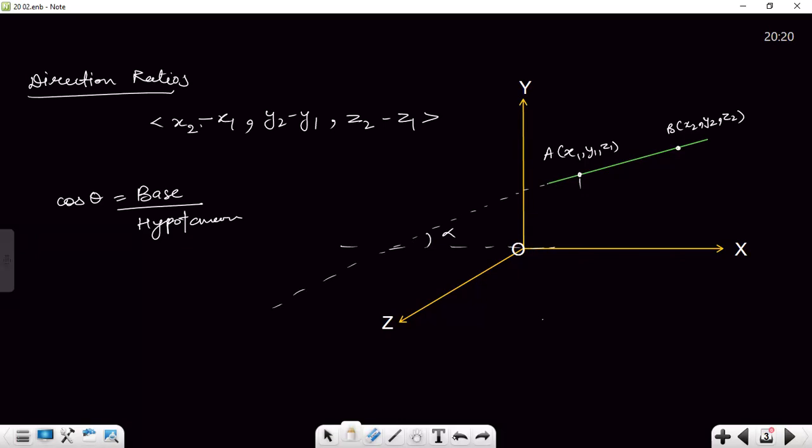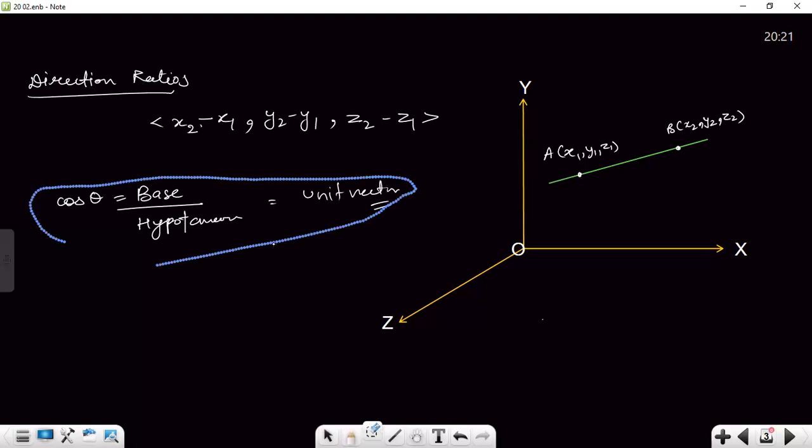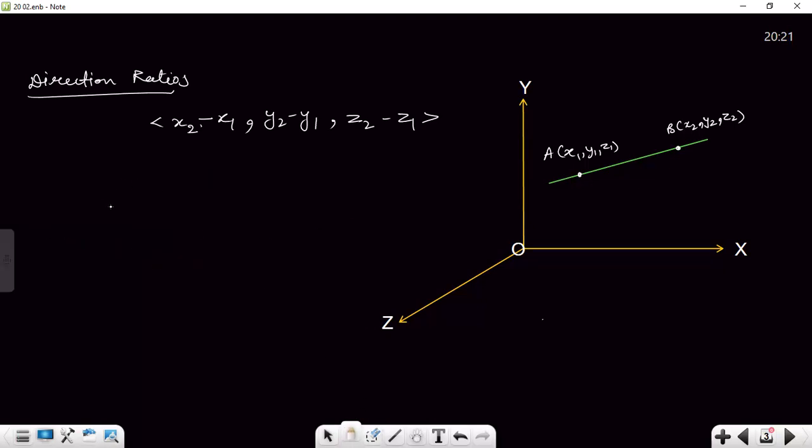So as per our discussion earlier also in the vectors, cosine is the unit vector's coefficients. How we used to find out the unit vector? By dividing the vector by its magnitude.